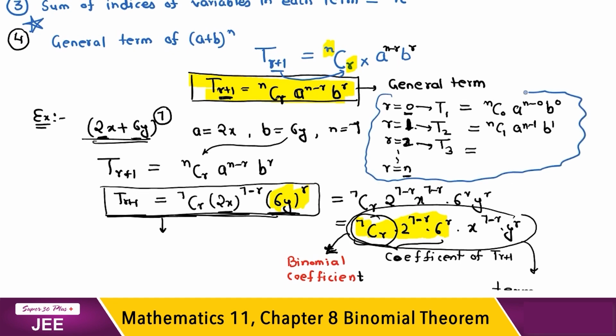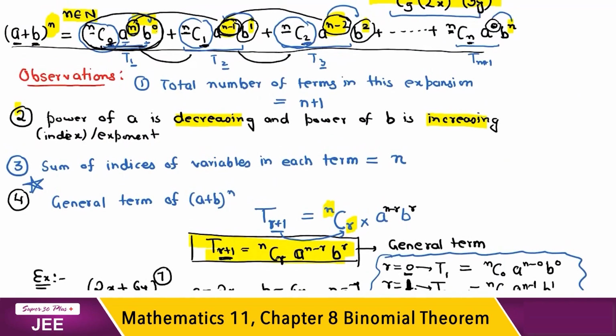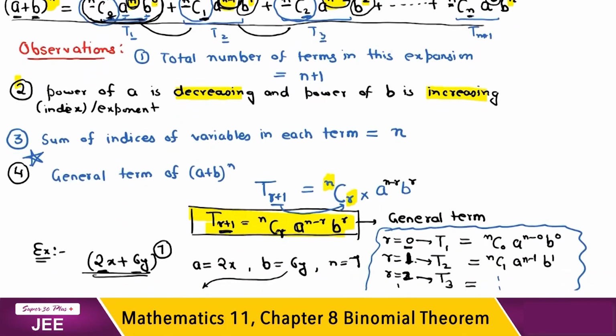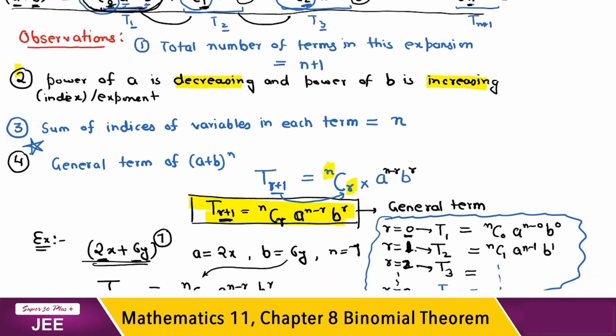When I am substituting r equals to 0, 1, 2 and so on up till n, I am going to get terms from T1 till T n plus 1. And if I add all these terms, what I am going to get is the entire binomial expansion.